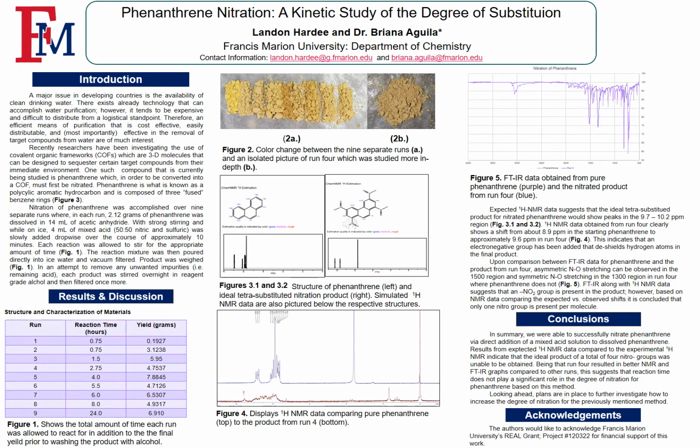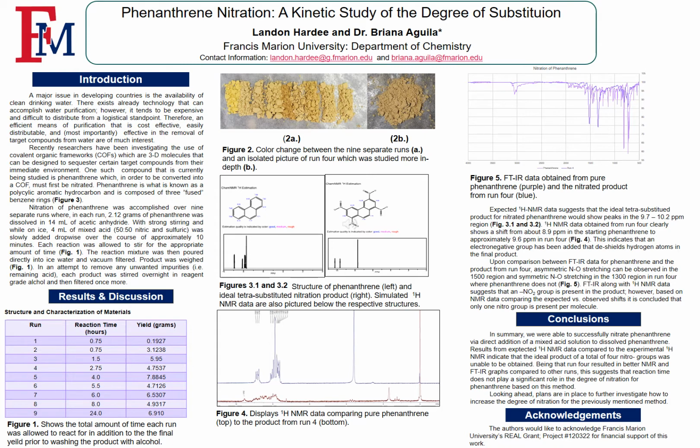Looking also at IR data obtained for the product in run 4, in figure 5, we can clearly see asymmetric nitrogen to oxygen stretching in the 1500 region, as well as symmetric nitrogen to oxygen stretching in the 1300 region, compared to pure phenanthrene, which doesn't have these peaks present.